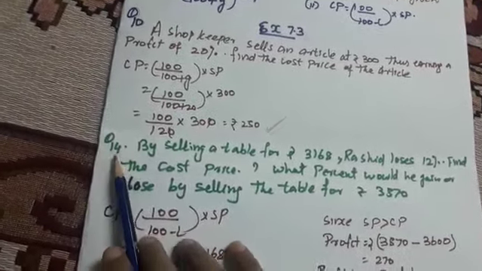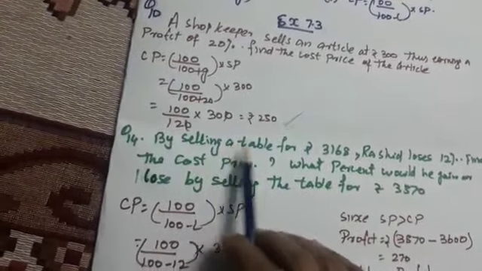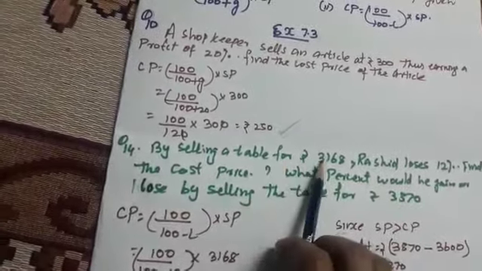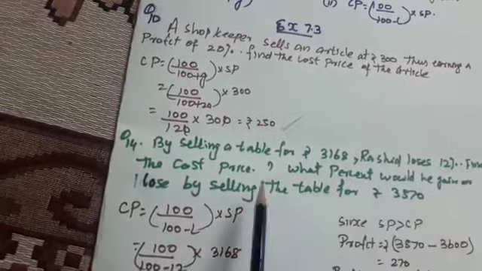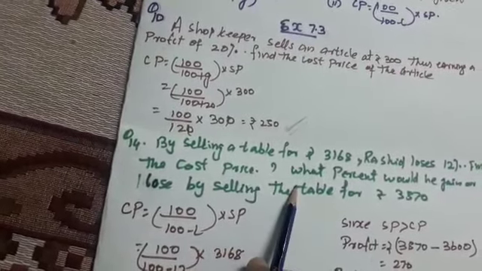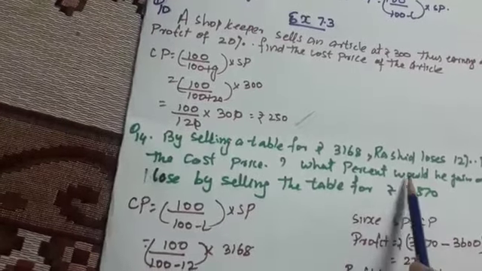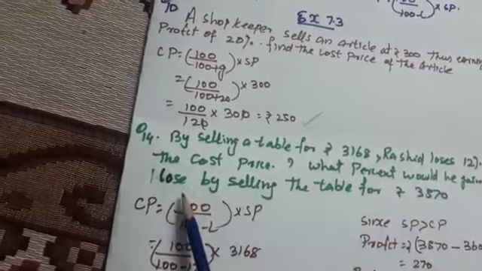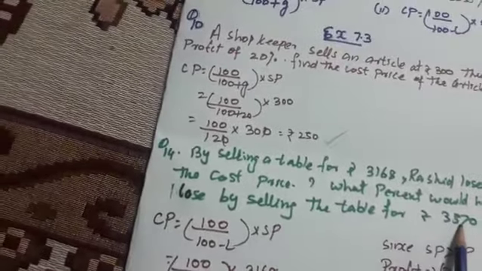Again, we discuss question number 14 of your exercise. By selling a table for rupees 3,168, Rashid loses 12%. Find the cost price of the table. Also find the percentage loss or profit if he is selling it for rupees 3,870.